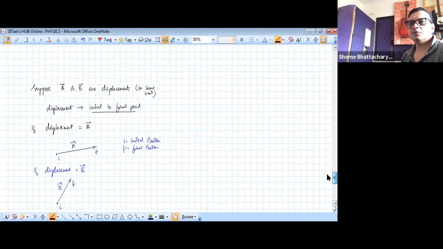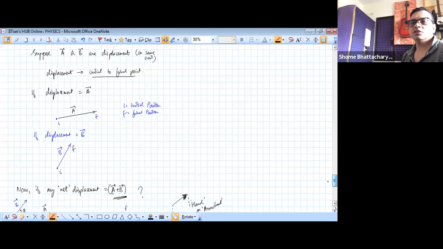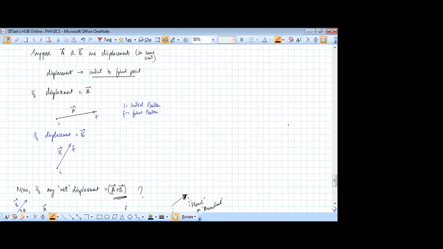Okay. So let's start from the beginning. Let's start from here. So let's understand what is the meaning of displacement in terms of just A and B. Then we will come to the resultant displacement or the sum of A and B. So first, just make sure you understand this diagram.